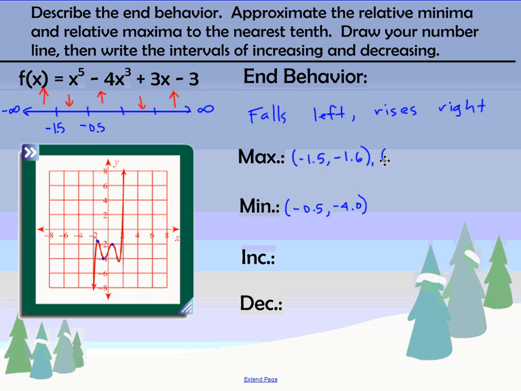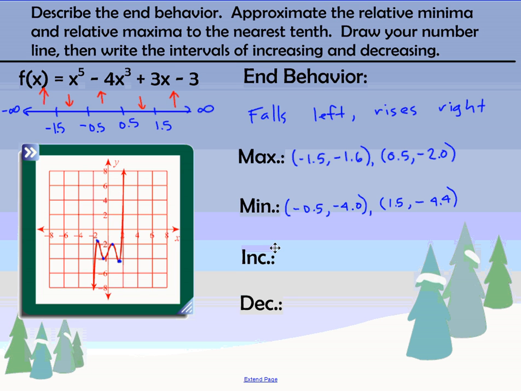That point happens at 0.5, comma, negative 2.0. So I'm labeling this point as 0.5. And then finally the last one is a relative min. That one is at 1.5, comma, negative 4.4. So I'm labeling this tick mark as 1.5.